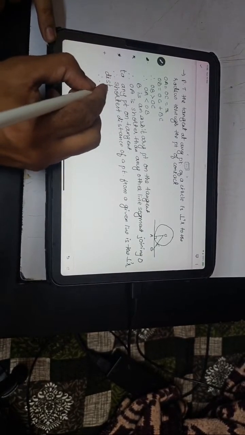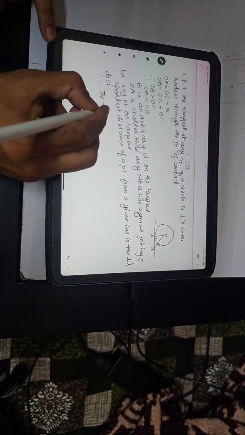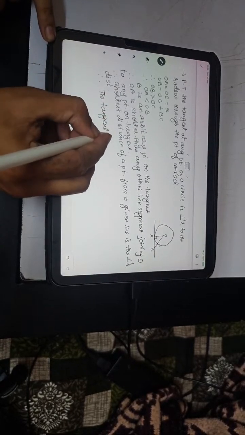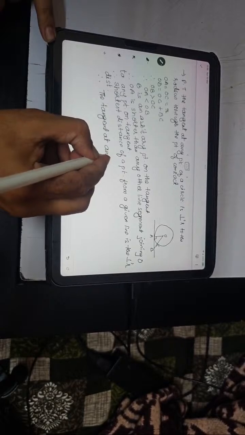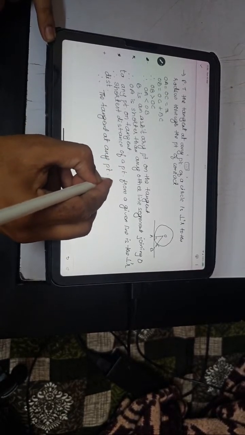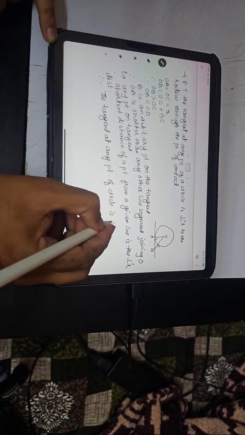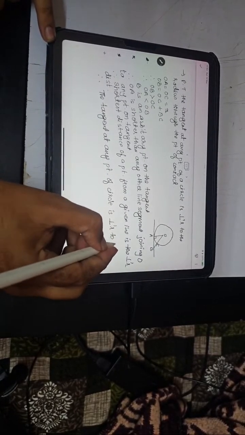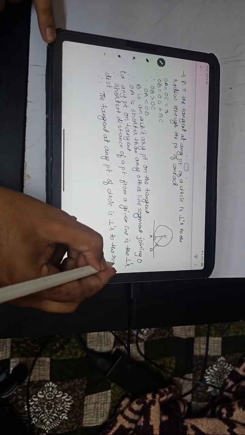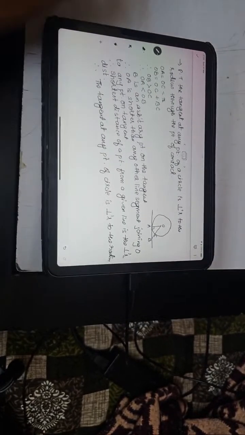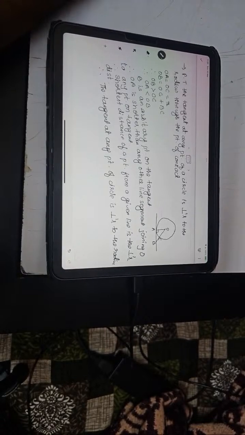So I can say the tangent at any point of a circle is perpendicular to the radius. Understood?